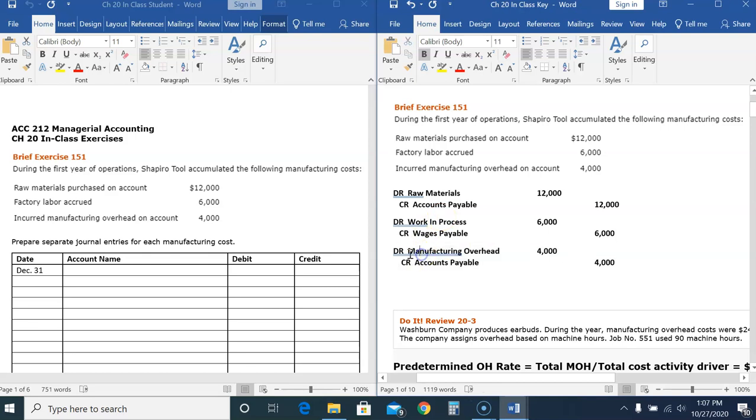Remember, this manufacturing overhead account is that clearing account, and that clearing account is helping us keep track of the actuals by debiting that account for actual indirect costs, and that account would be credited for our estimates or our allocations.